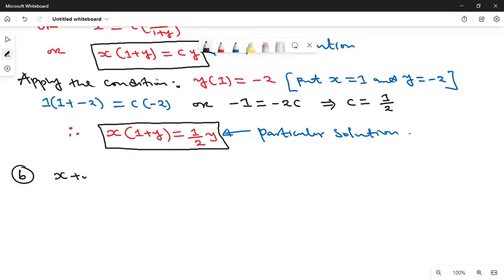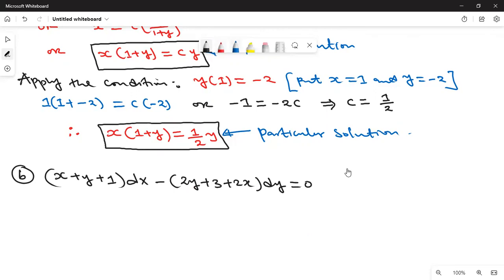x plus y plus 1 dx minus 2y plus 3 plus 2x dy is equal to 0. Again, this is separable.